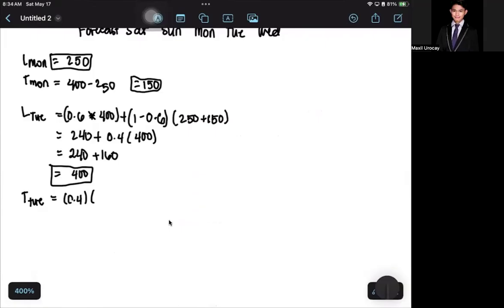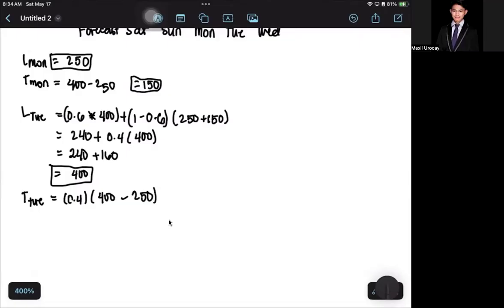Now for the level of trend, which is the current level LT, that is 400 minus the previous level, which is the previous level of Monday, 250. The current level of Tuesday is 400, then the previous level, LT minus 1, is 250.